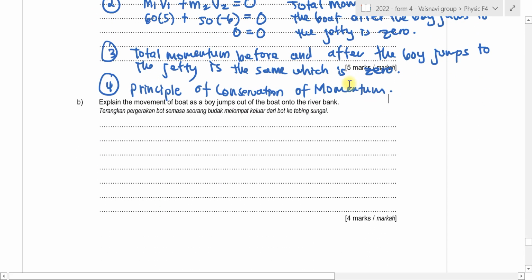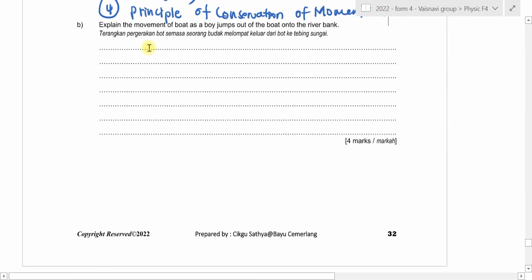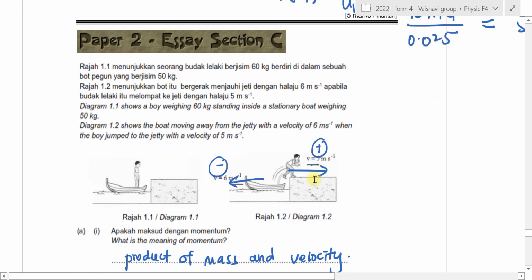Okay. Now, explain the movement of boat as the boy jump out of the boat onto the riverbank. Soalan macam ni. Ini kita cakap teori lah. Teori kena explain sampai 4 markah. Okay? Kena explain macam mana you need to talk about how the boat move. So, when the boy, he applying a force on the boat.